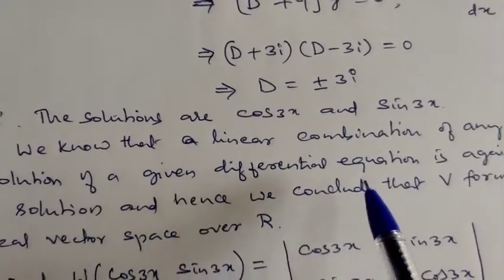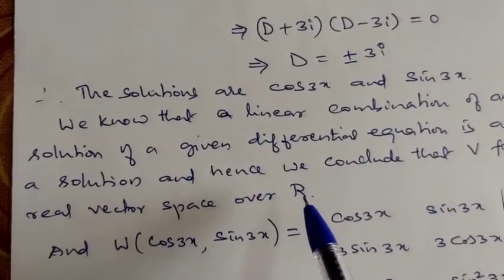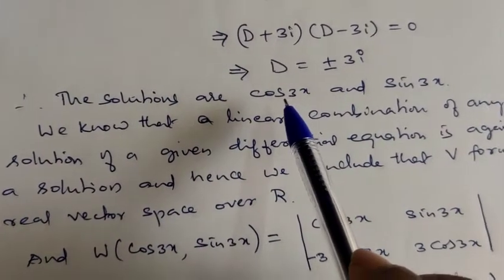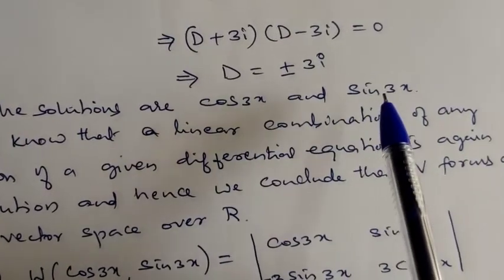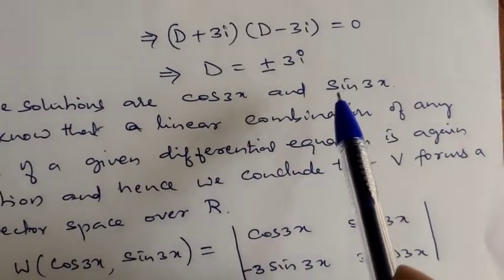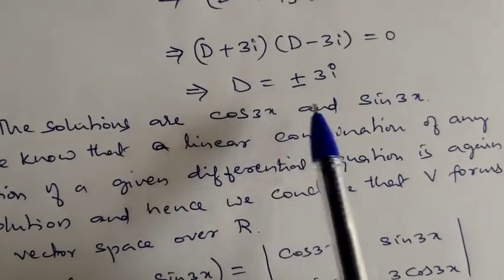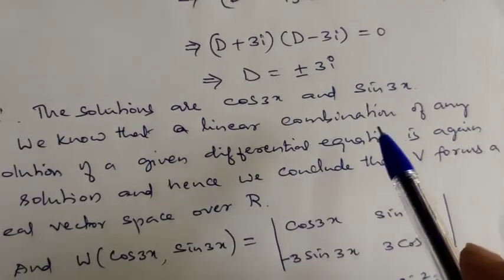Therefore, we conclude that V forms a real vector space over R. Therefore, it is spanned by two elements, cos 3x and sin 3x. Therefore, the dimension of the solution space of the differential equation is 2.